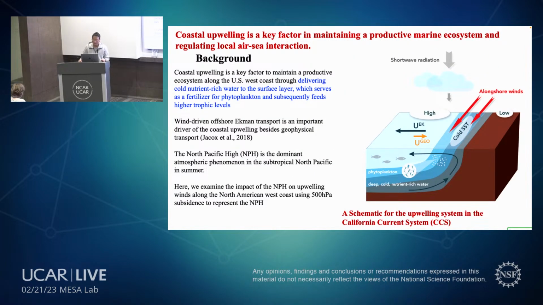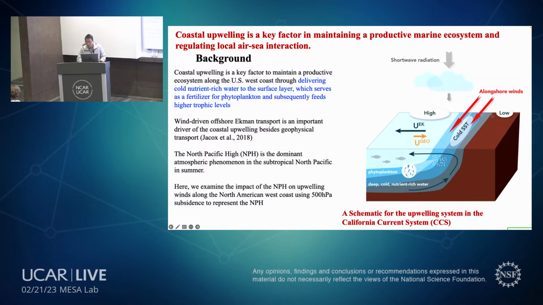So here is a schematic for the California Current System along the North American west coast. On the left is the North Pacific Ocean, and in summer the North Pacific is dominated by the subtropical high, which we often call the North Pacific high.